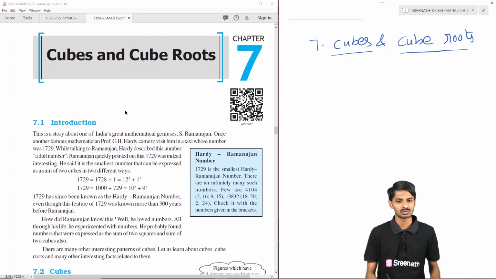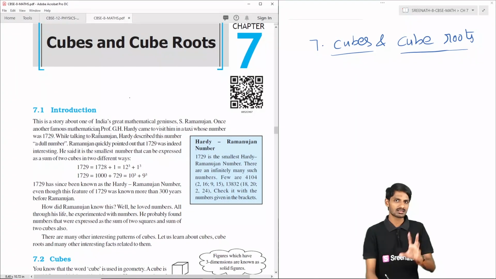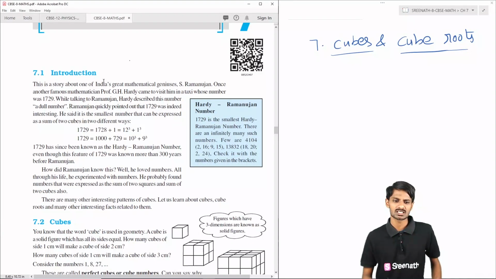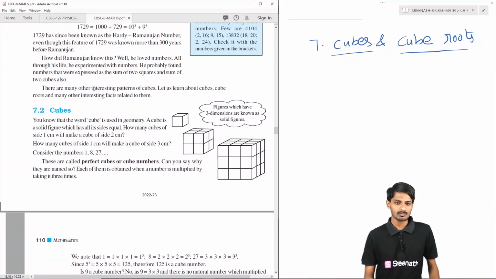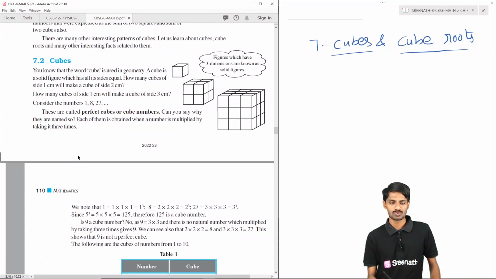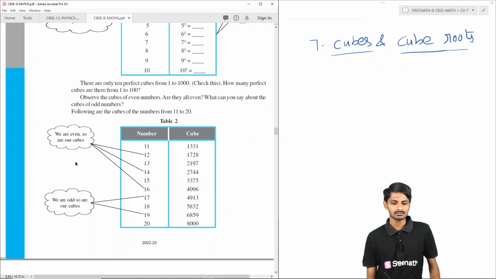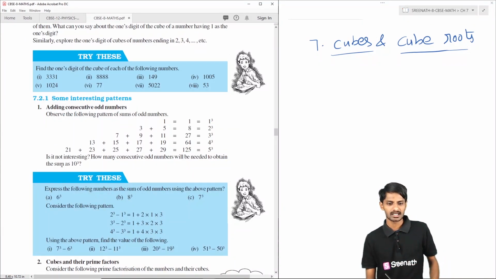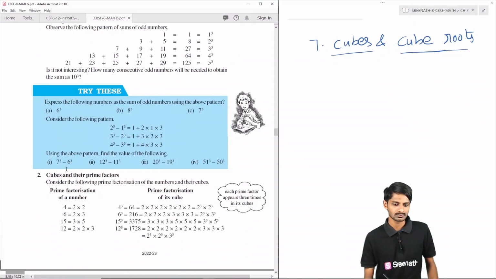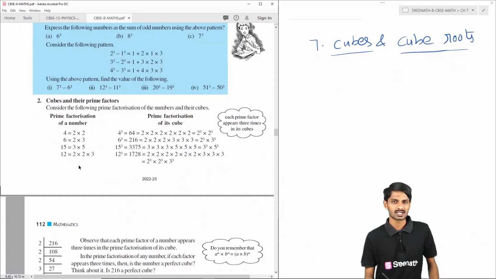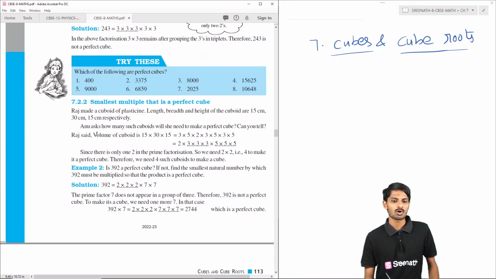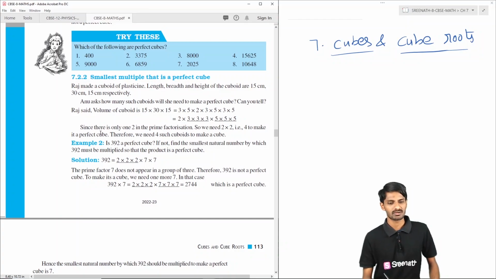Before we get into the session, just see what are the concepts we are having. First topic is the introduction. Next thing is about cubes. After that, some interesting patterns regarding the cubes. Cubes and their prime factors. And smallest multiple that is a perfect cube.